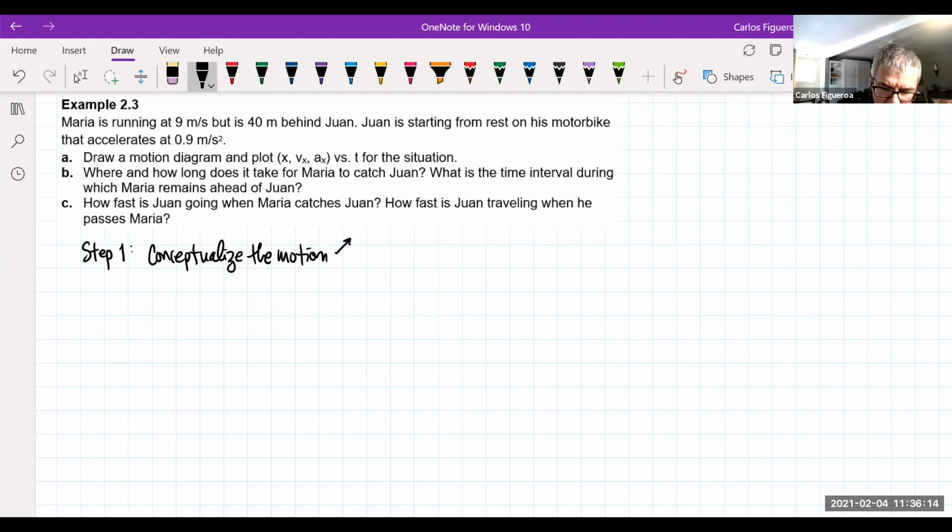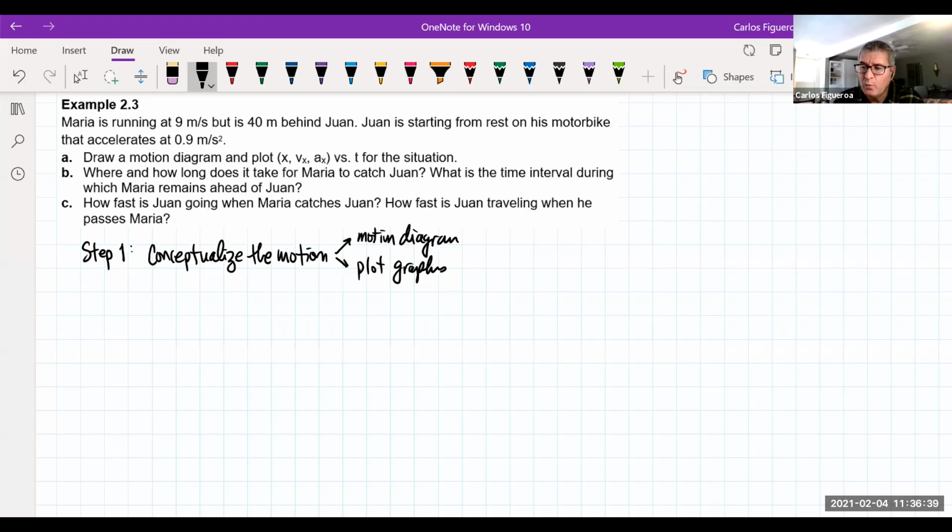It really means two things. You can do a motion diagram, or you can plot graphs. I think the graphs is more important than the motion diagram in this case.